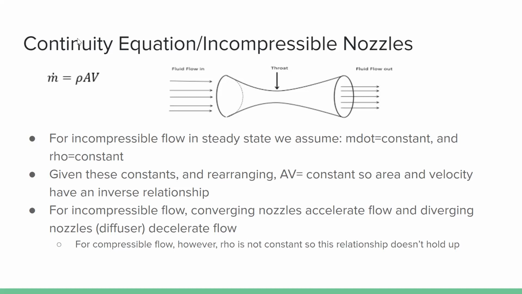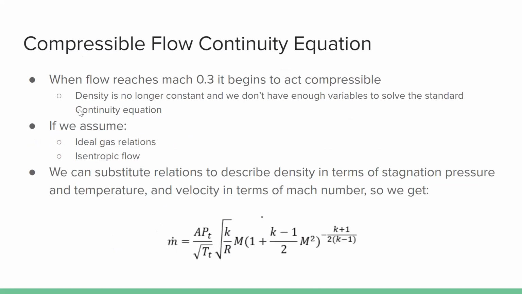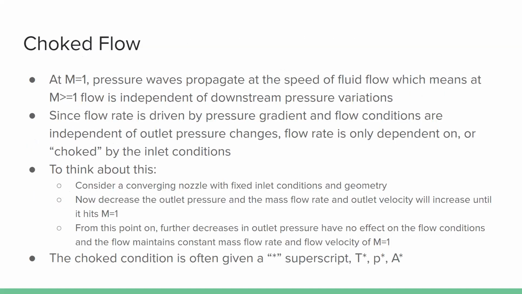But if the density goes down and the area goes up a little bit, the velocity can increase a lot. And that's how we shape the nozzle to get this increase in velocity. It's mostly coming from a decrease in density, since the pressure at the outlet is lower.